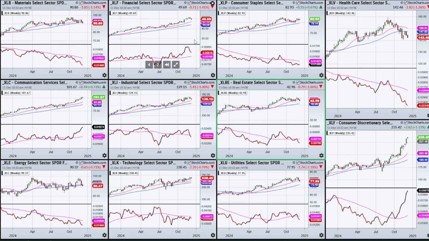Now, the financials also have started to pull back because they got so overdone as well. And I think they needed to do that. They need to go through some kind of consolidation. But this has just taken place in the consumer discretionary, really starting at the beginning of October. So a pretty important move there that is getting a little ahead of itself in the short term.